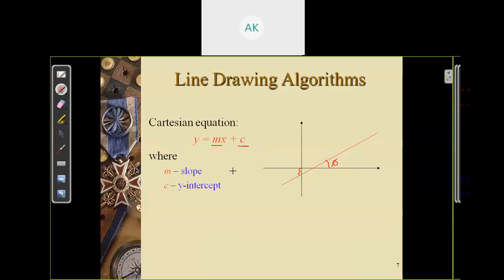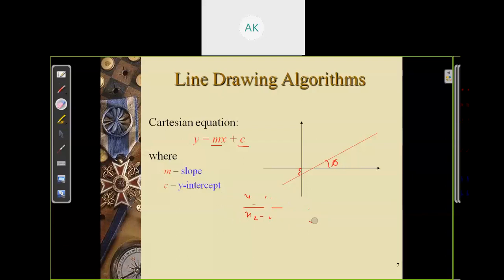You know how to calculate the slope: m equals (y2 minus y1) divided by (x2 minus x1). If we are given 2 endpoints, the starting point and end point, then applying this formula, we can easily calculate the slope of your line.